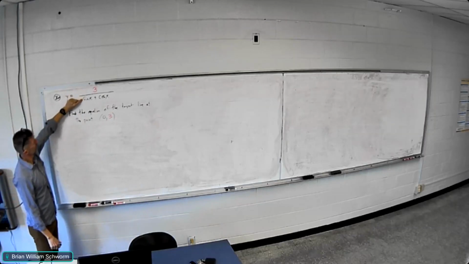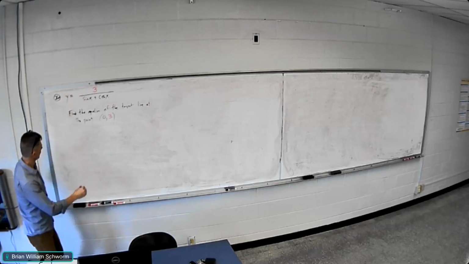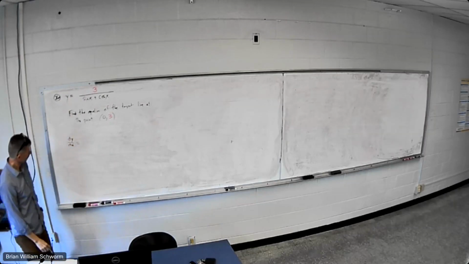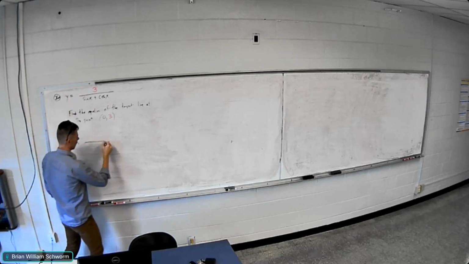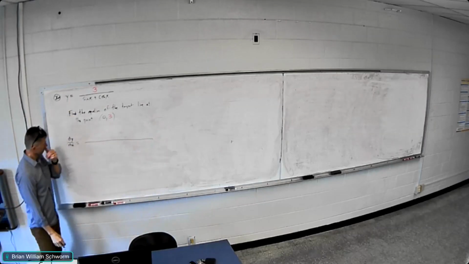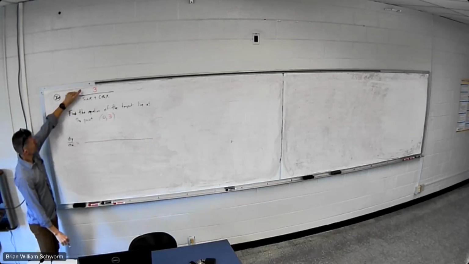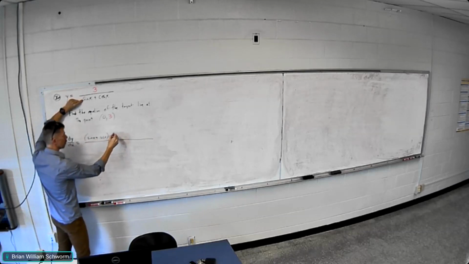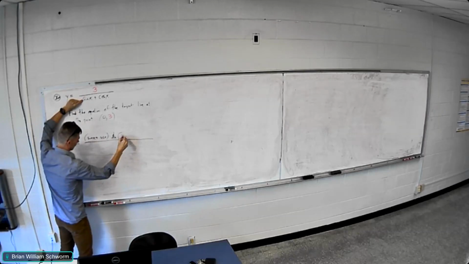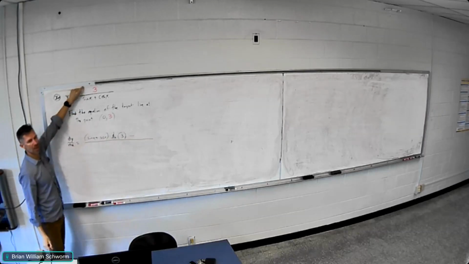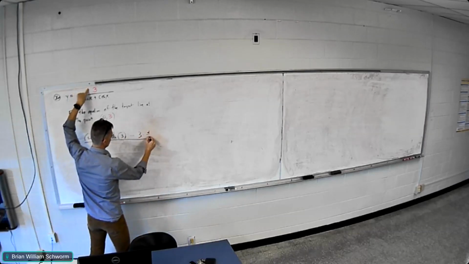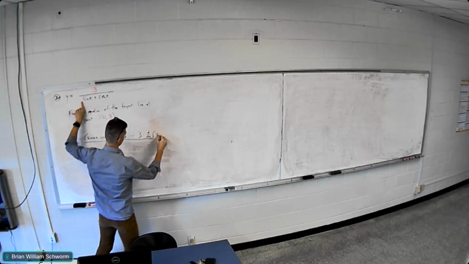To find the derivative of this, I'm going to use the quotient rule, because I've got a fraction. So the quotient rule says low d high, so the bottom, just as it is, times the derivative of the top, minus high d low, the top times the derivative of the bottom.